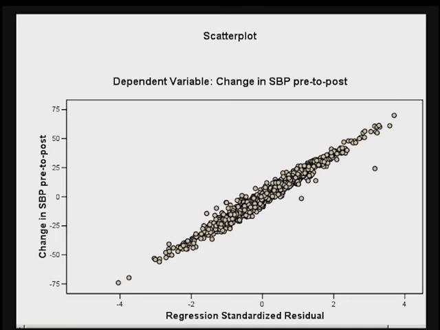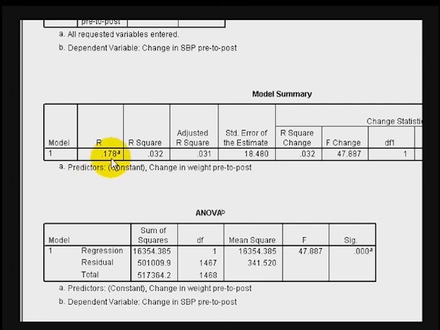Okay, well, let's go ahead and move forward and look at the regression equations and the unstandardized coefficients and the model. What you see here is our R, which is our predictor, our correlation coefficient of 0.178. If you square 0.178, you get an R square of 0.03.